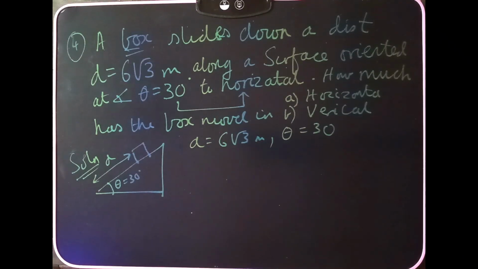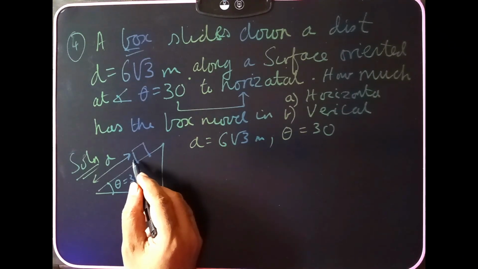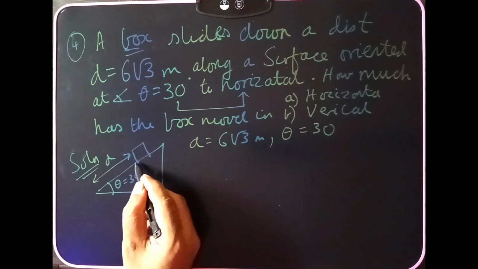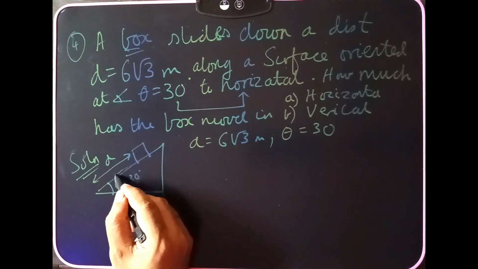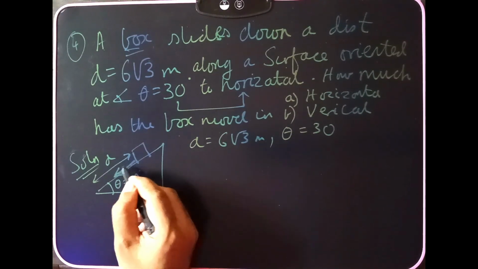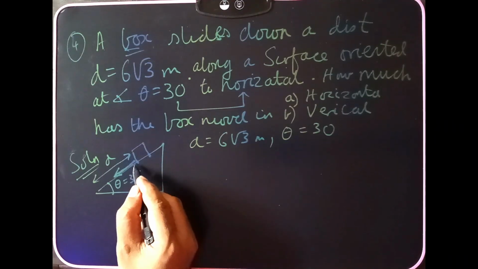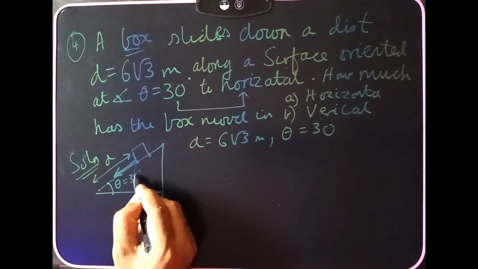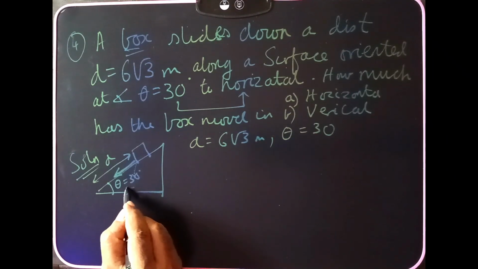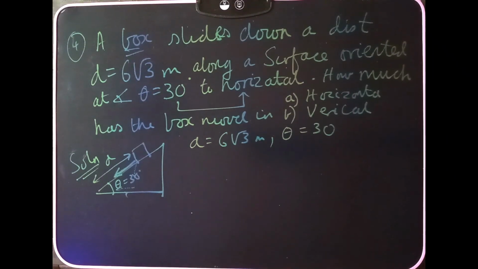It is asking how much the box has slid down horizontally and vertically. When the box is sliding down, it is moving down in the y, and it is moving left in the x also. This is how you are supposed to resolve it.